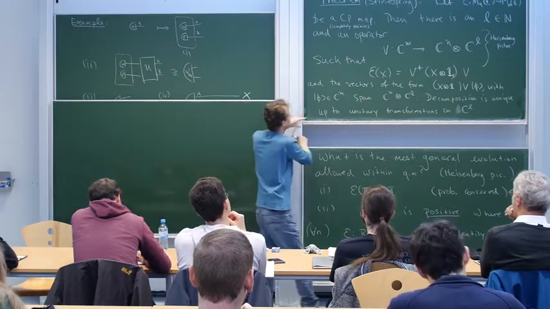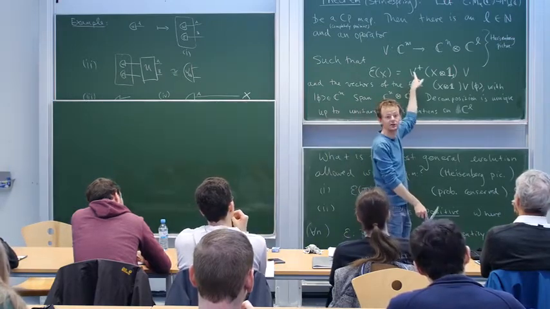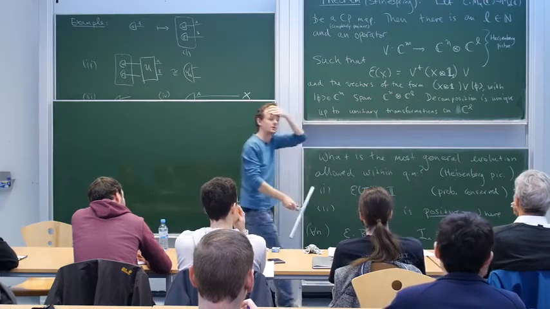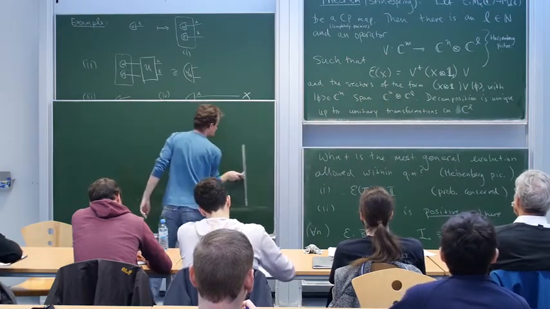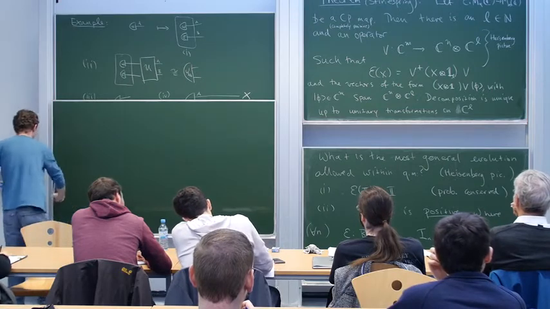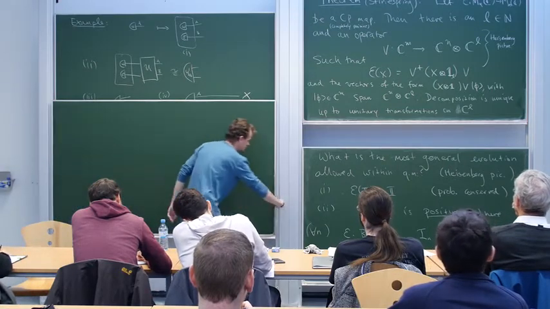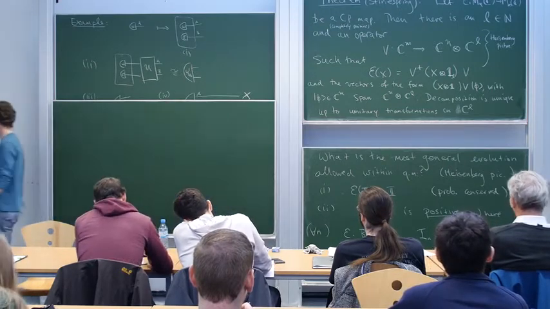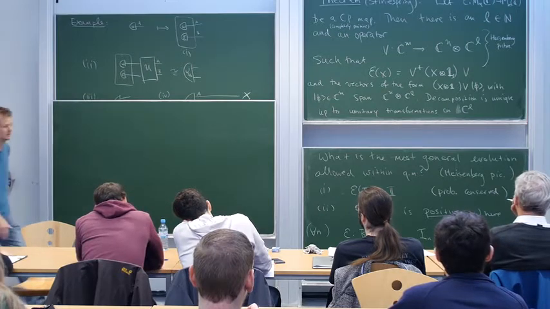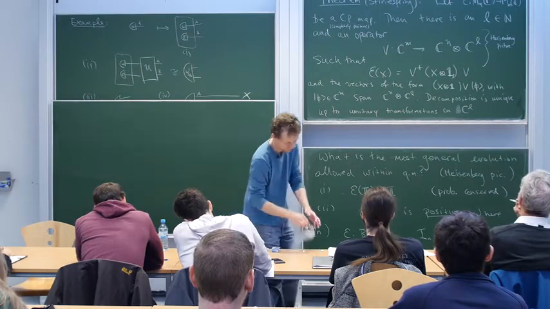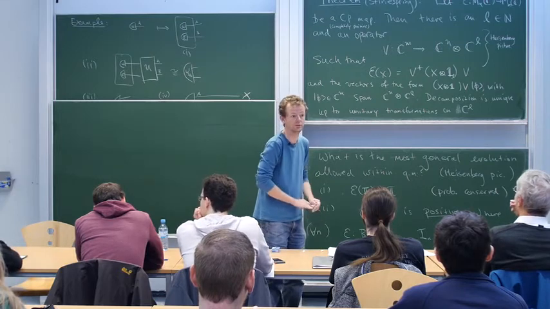So this operation V is not a unitary, it's an isometry. So I will write that down. And then I'll draw a picture of what this theorem says.